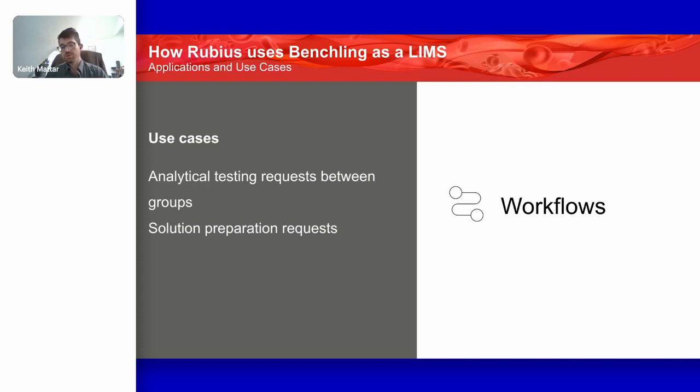Another example is solution preparation requests. So we have a group in our company whose main job is to just prepare solutions requested by the other departments in the company so that they can perform their experiments. So they're making things like media and buffer, and then they hand that off to the other departments.